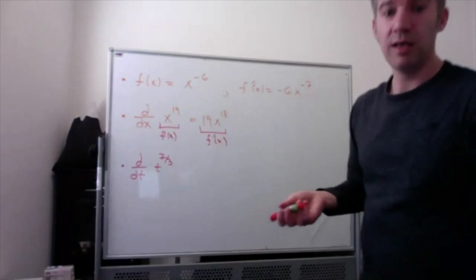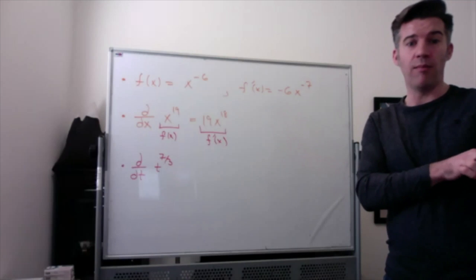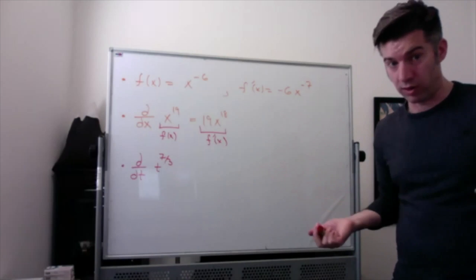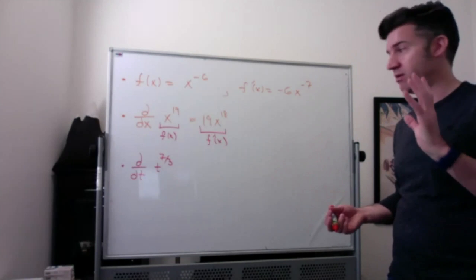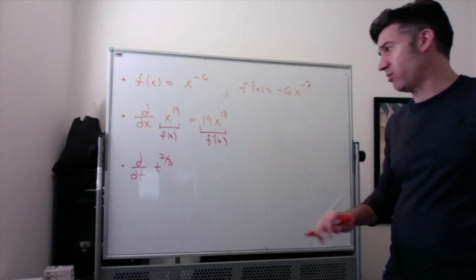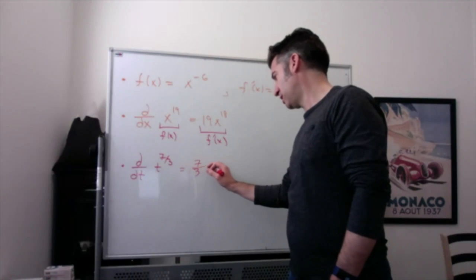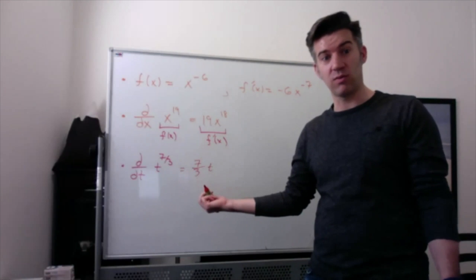So the power rule, even though we can't prove it using the method we use for the other thing, for any other powers that aren't positive integers, it still works for any power, whether it's positive, whether it's negative, whether it's a fraction, whether it's an integer, whether it's some weird irrational number. So this would be 7/3 times t to the 7/3 minus 1 is 7/3 minus 3/3, which is 4/3.